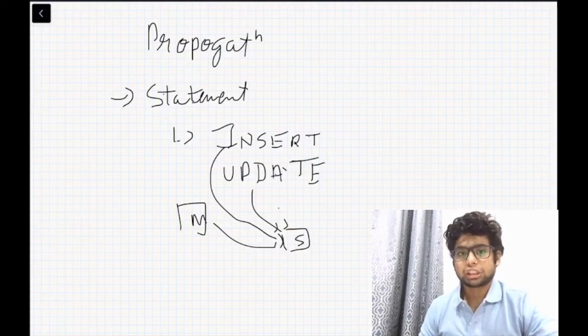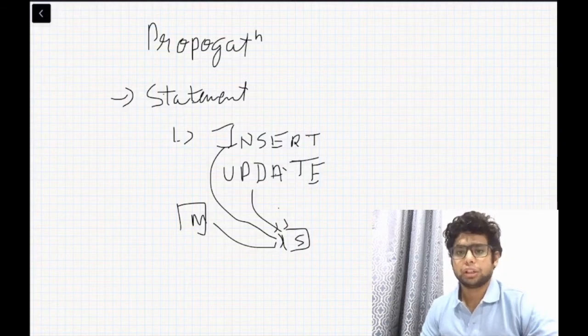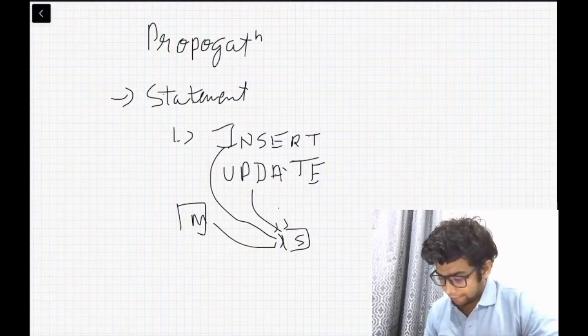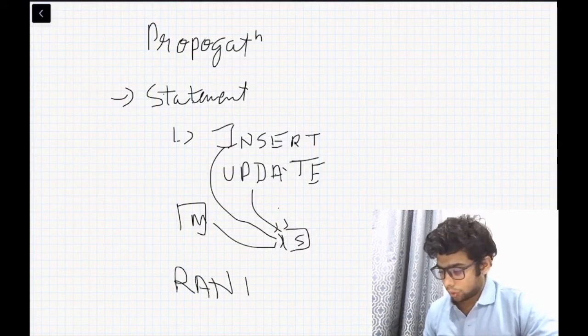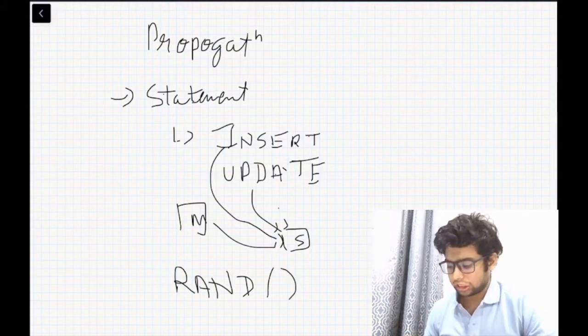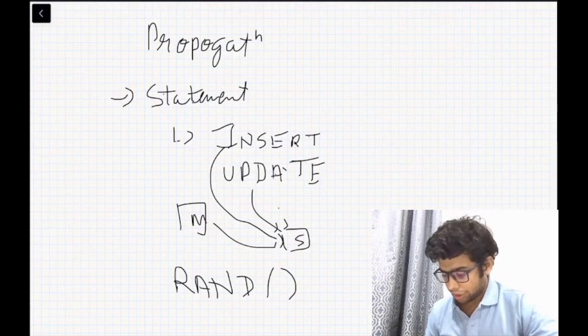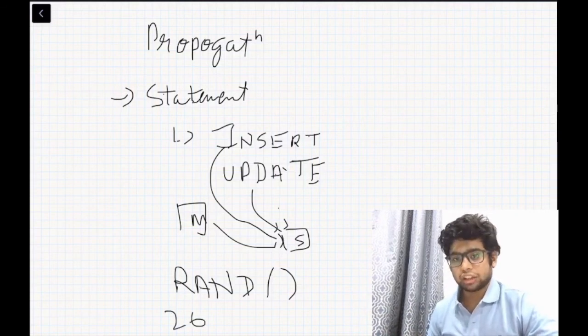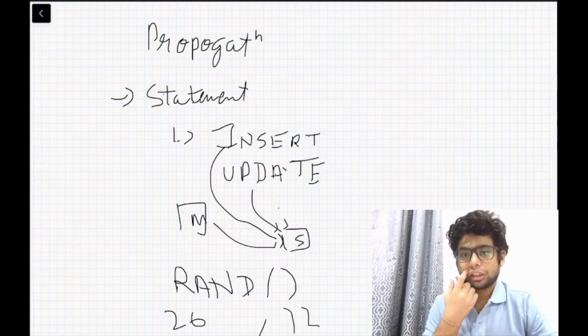But one disadvantage of this kind of propagation is that, let's say I have a non-deterministic insert, for example an insert using rand, which is random. That way your data wouldn't be consistent on master and slave. Let's say with random, on the master you got the number 26, while on the slave you got 12. So your data won't remain consistent.